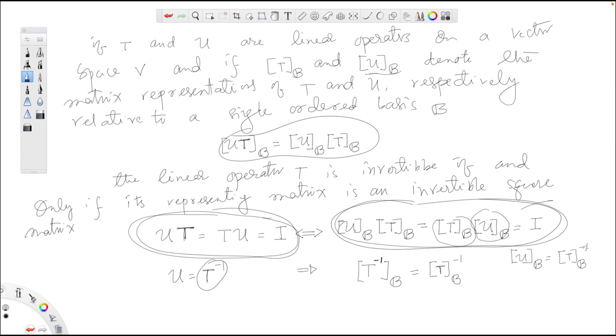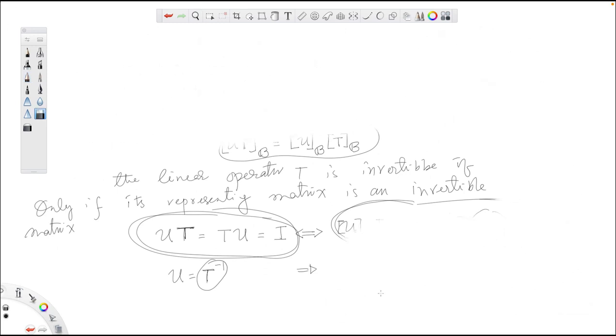Okay. And you know U is equal to T inverse. So this holds. This is what we have written down here. Okay. So we numbered this equation by 13 in the lecture. So let me erase everything. I need room.